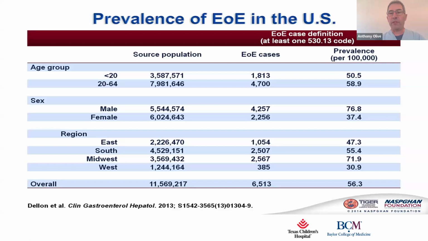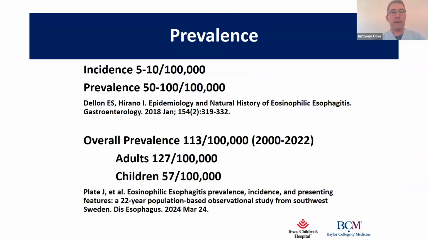But the general prevalence has stayed roughly the same, possibly a little bit of an uptick. In this most recent report, again, a follow-up by Dellon, anywhere from 50 to 100 per 100,000. There was a report in a fairly homogeneous population in Sweden, where adults seem to have a higher prevalence than children did in that particular population.